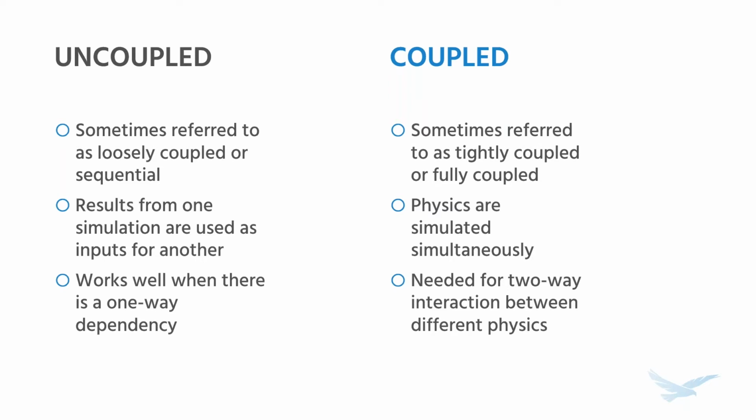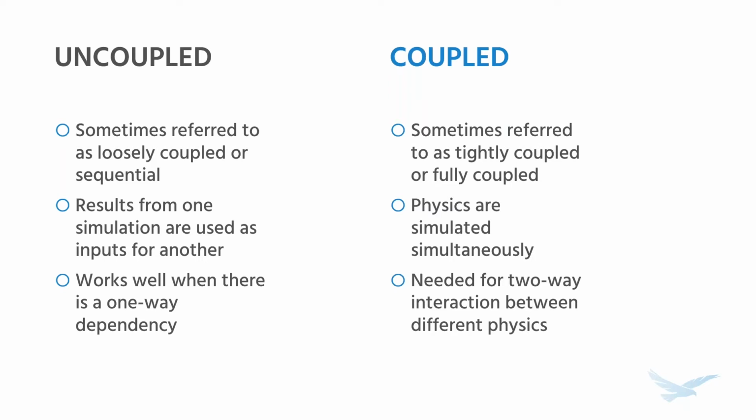Right, uncoupled is going to work really well when there's a one-way push of information. So if you have the flow on the billboard and it deflects the billboard a small amount, but it's small enough that it doesn't change the airflow patterns around the billboard, then uncoupled is going to work well.